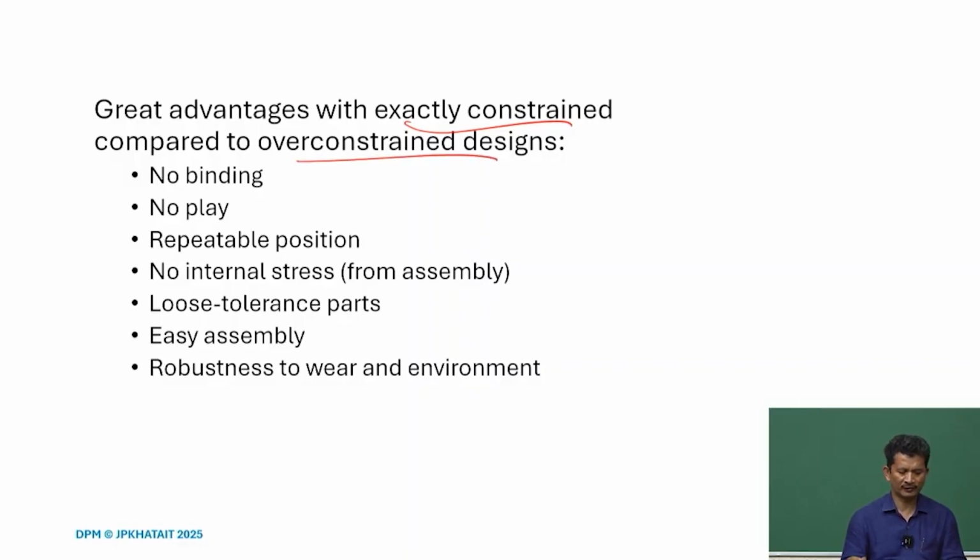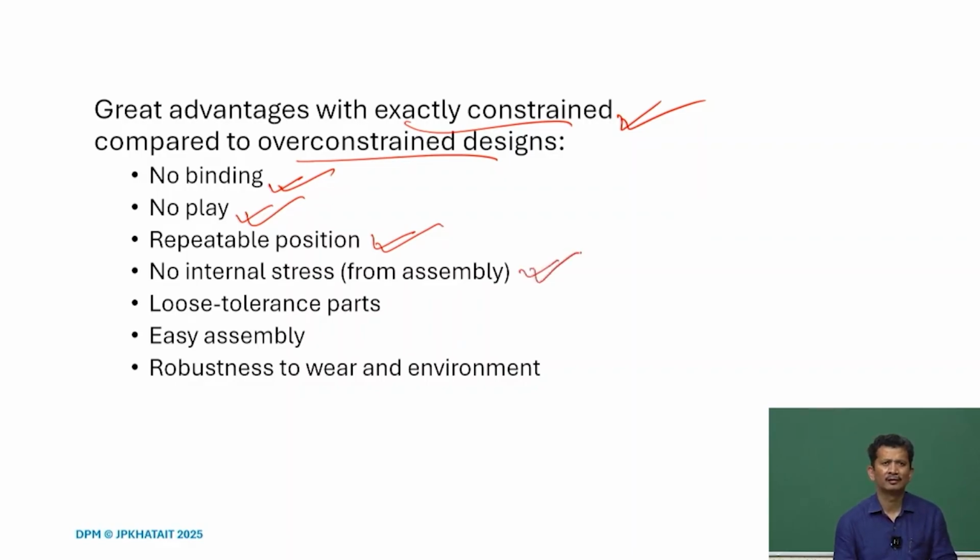If it's exactly constrained, there will be no binding, there will be no play, it's repeatable, it will always go to the same location. Since there is no fighting, there will be no internal stresses because of the assembly.